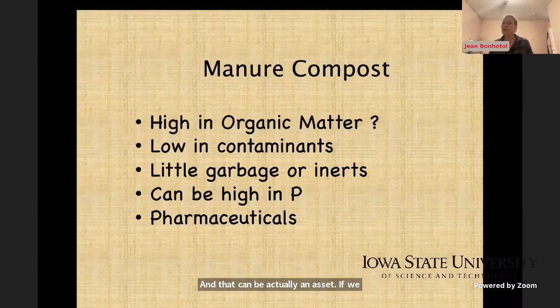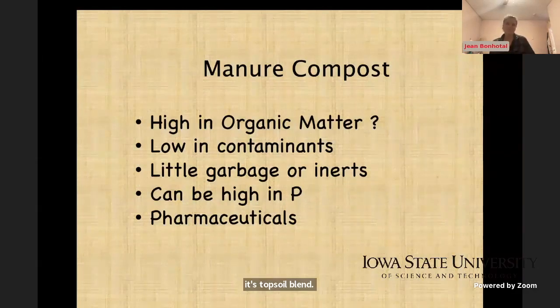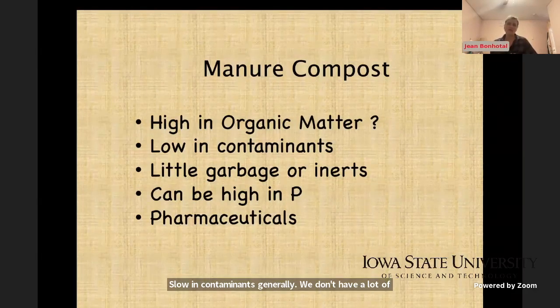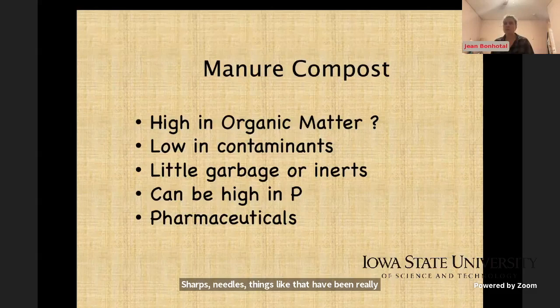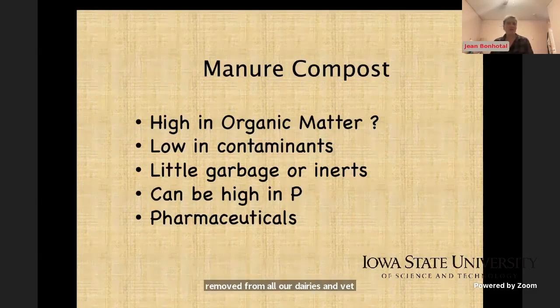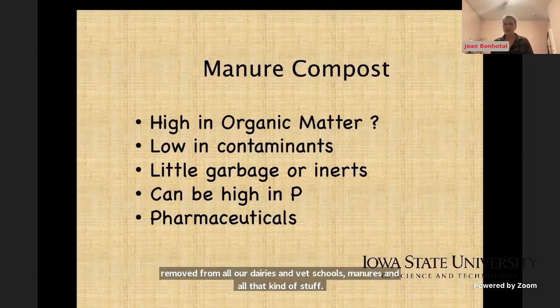But the organic matter is actually lower because it's a topsoil blend. It's low in contaminants generally. We don't have a lot of contaminants there. Sharps, needles, things like that have been removed from all our dairies and vet schools, manures, and all that kind of stuff. A lot of work has been done on that over the years.